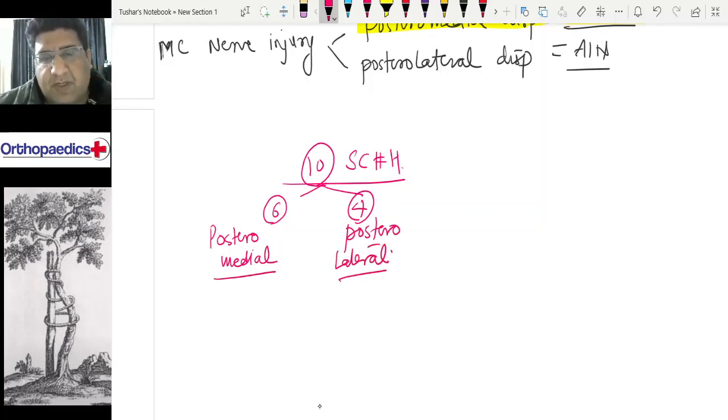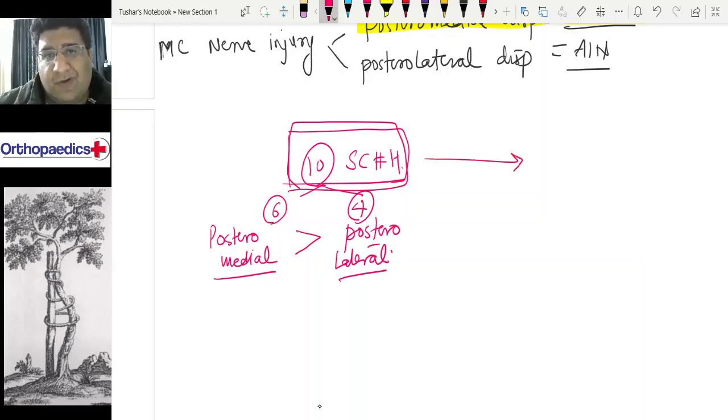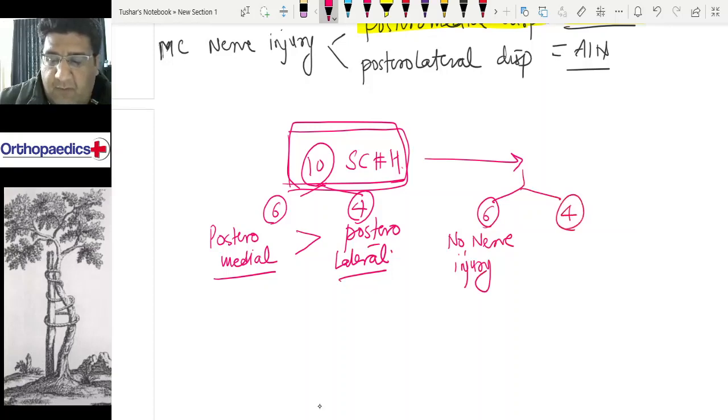That makes it very clear that posteromedial displacement is more common than posterolateral displacement, but of course we know that. Now, as an orthopedic surgeon I need to treat all these 10 cases, yes or no? Yes. During the treatment, whether any complication happens or not is the job of an orthopedic surgeon, yes or no? Yes. So what I see is 6 never developed any sort of nerve injury, while 4 developed one or the other nerve injury.